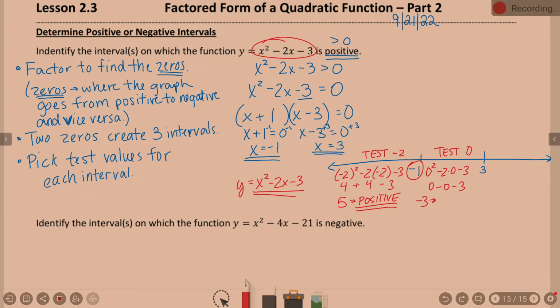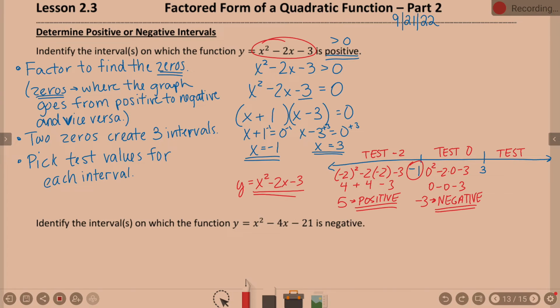What do you know about -3? It's negative. I know, silly question, but I still have to ask it. So what do we know about this middle interval? It's negative.